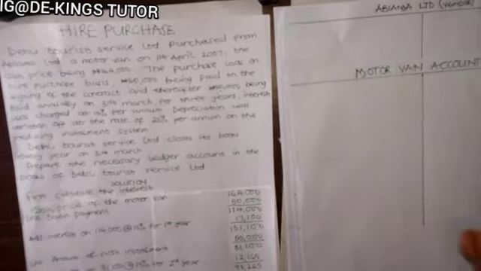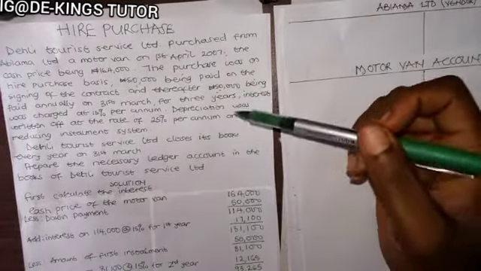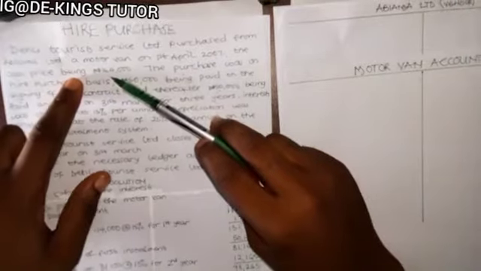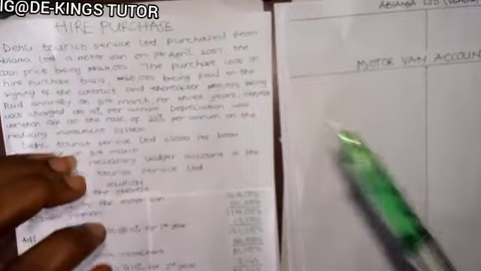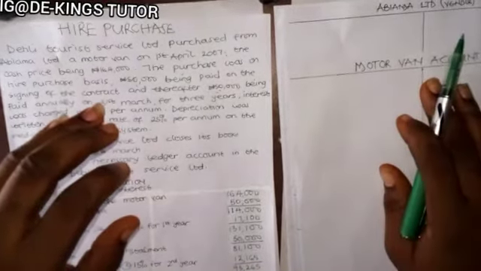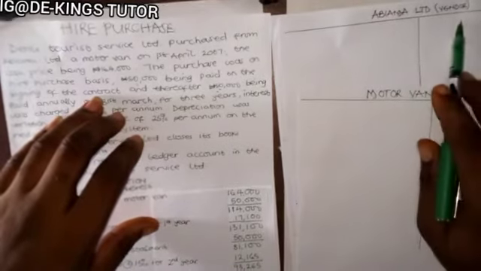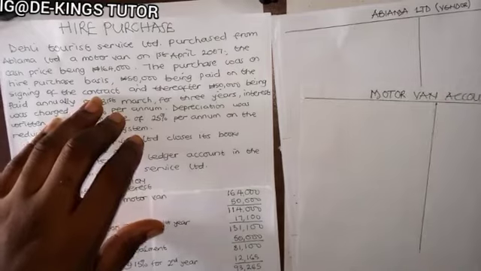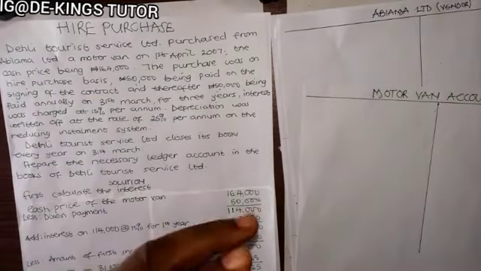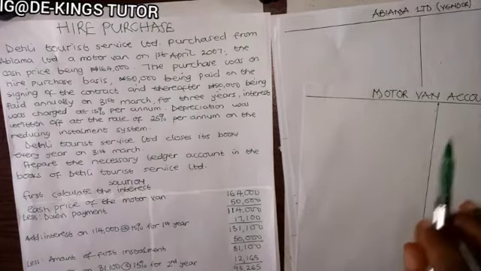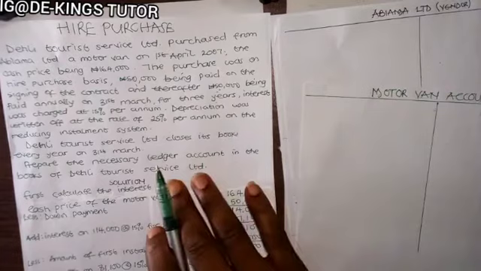So the first thing is, when there's a cash price of the asset, two accounts are affected. The first is the motor van account, that's the asset account, and the vendor account. The motor van account is to be debited, while the vendor account is to be credited with the amount.